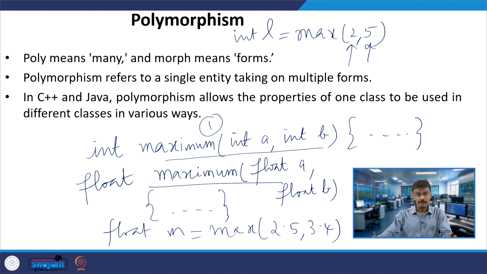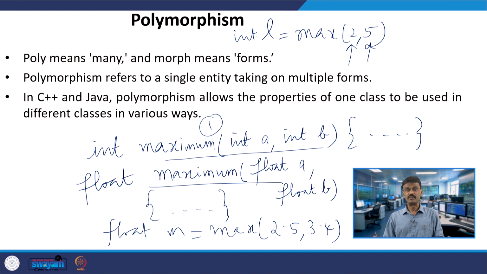In C++ and Java, we have already seen classes and inheritance. Suppose in class A you have a function, and assume the same function appears in the case of inheritance. We are going to call this concept overriding. We can have the same entities: the name of the function and the arguments are the same, let us say int a comma int b, and the return type is also the same.